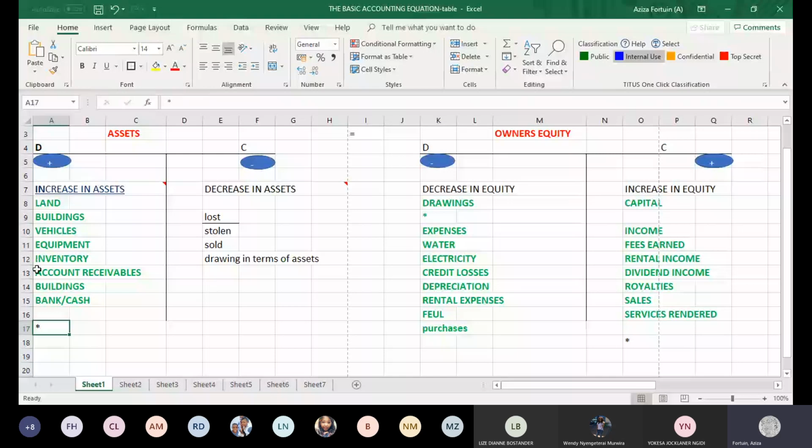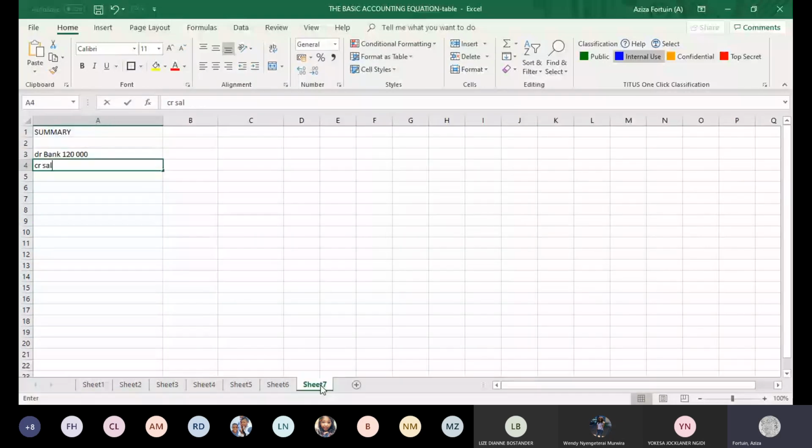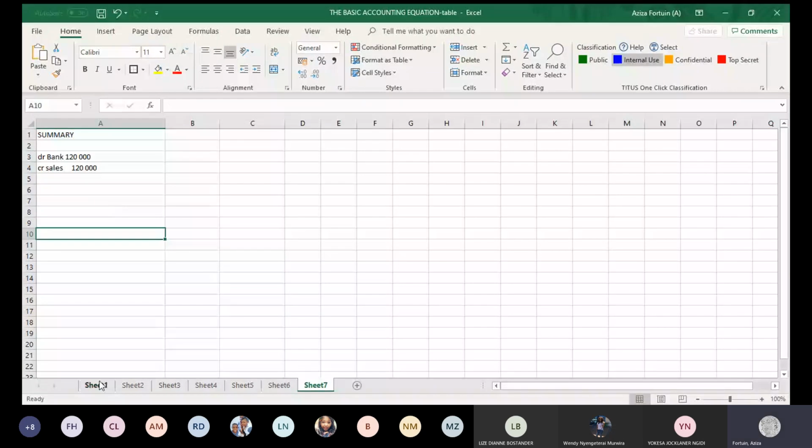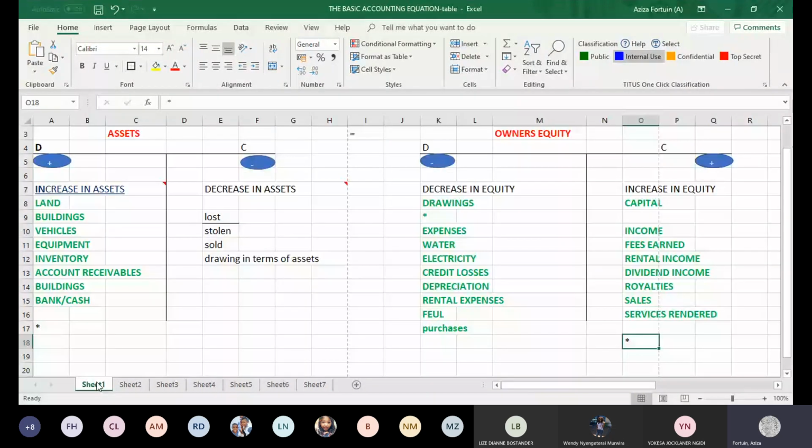So it's debit bank, credit sales. I'm going to write out debit bank, 120,000, and credit sales, 120,000. Can you see how easy this is? Very easy.